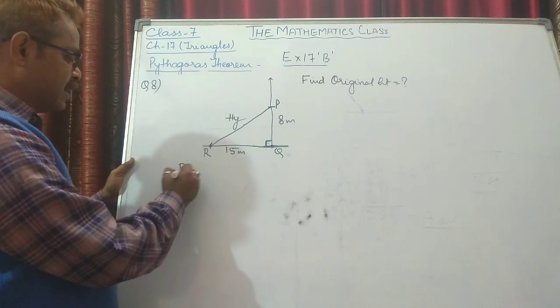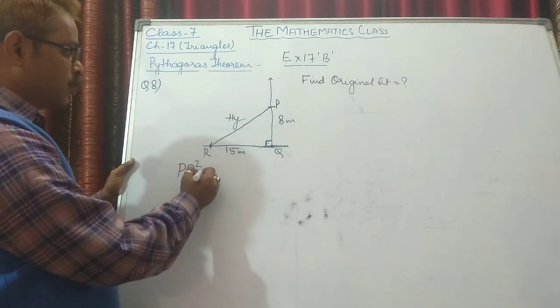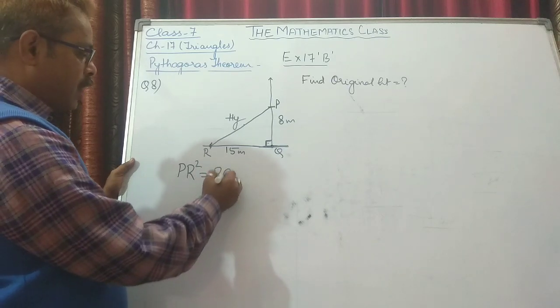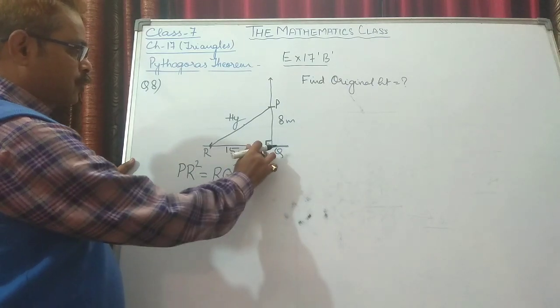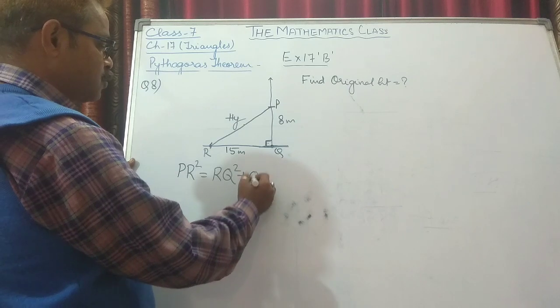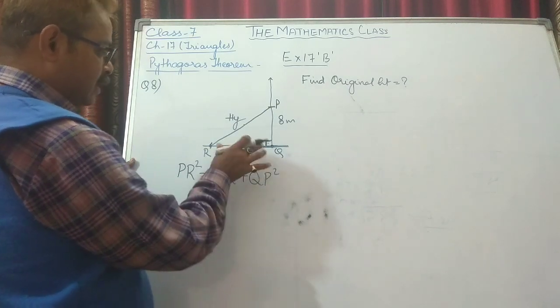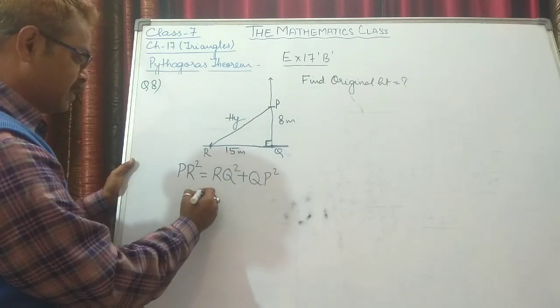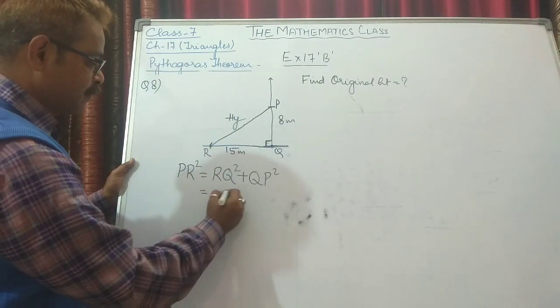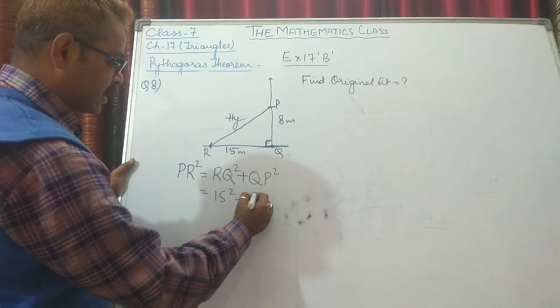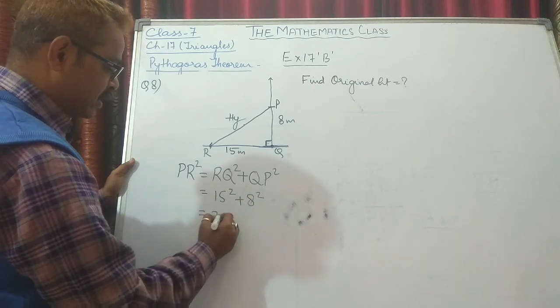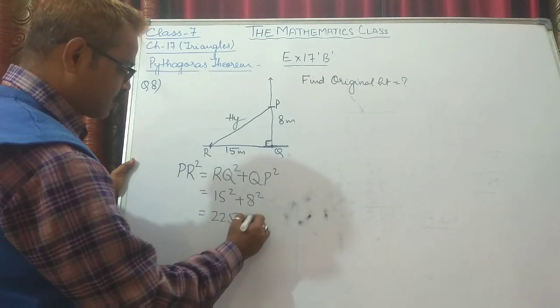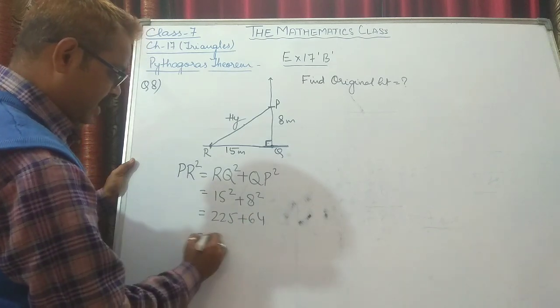It means we can say PR square is equal to RQ square plus QP square. This side squared plus this side squared. So 15 square plus 8 square. 15 square is 225 and 8 square is 64.